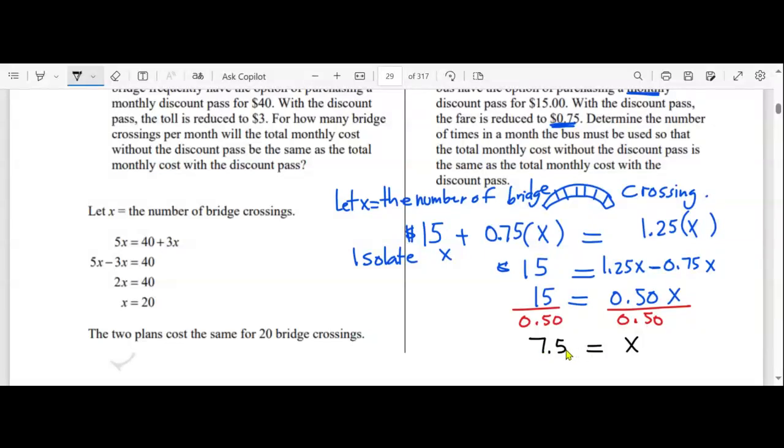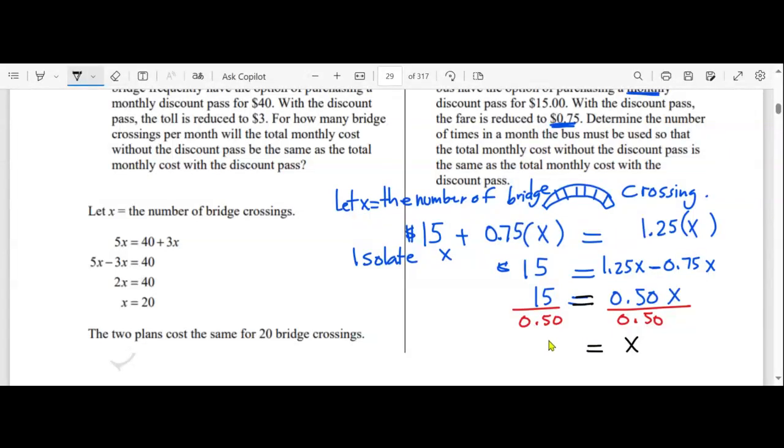Are you sure it's 7.5? Yes. Please do it in the calculator, please. Or 75. No, it's 30. 30. How is that? 30.